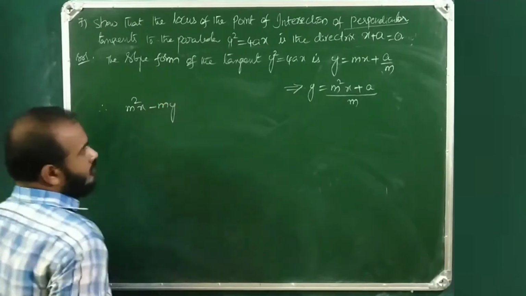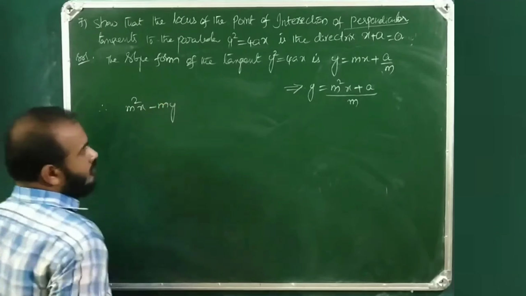is the equation of the tangent in the slope form we get. This is the quadratic equation in terms of m. So let the roots be m1 comma m2. What are m1, m2? Slopes of the tangents.